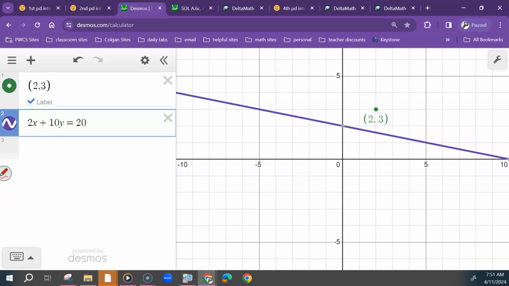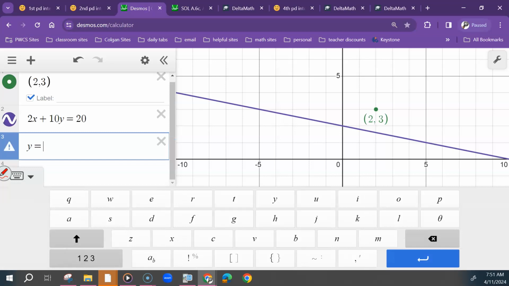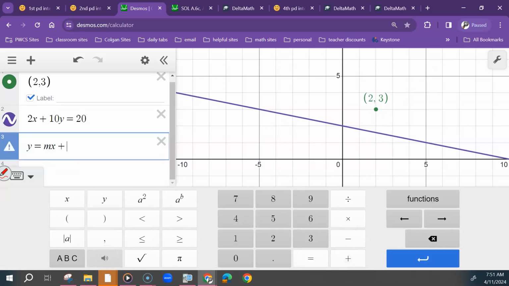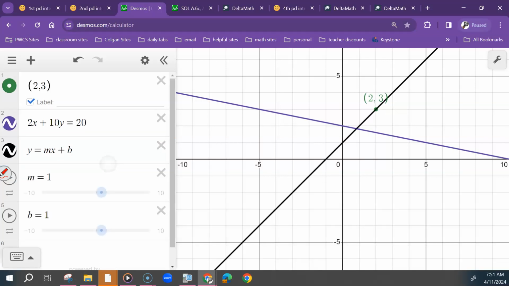And our new equation has to have a perpendicular slope, so I'm going to type in y equals mx plus b. Add in all my sliders.